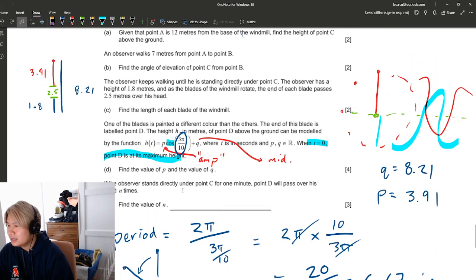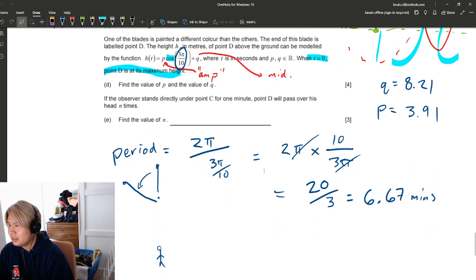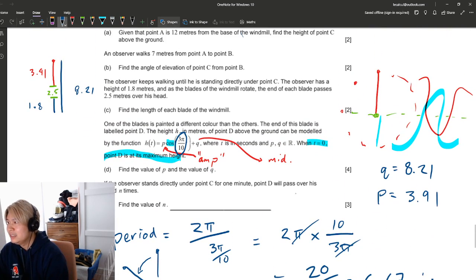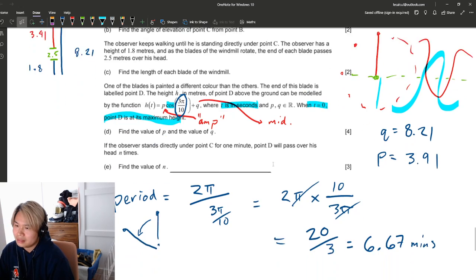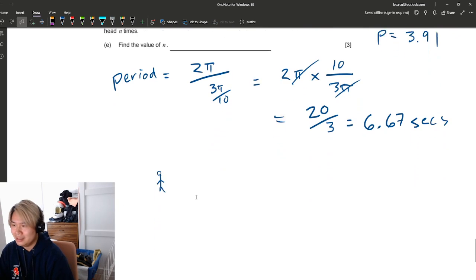Something is up with this. Oh, that's why. Man, I need to read. Shoot. T is in seconds. My bad. That means that the period is in seconds, so it's going to rotate a lot in 1 minute.